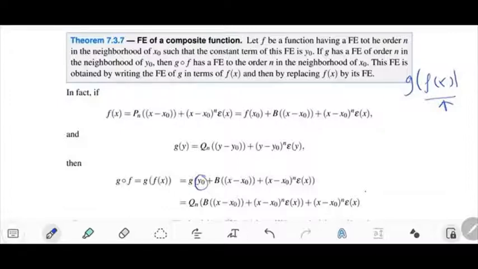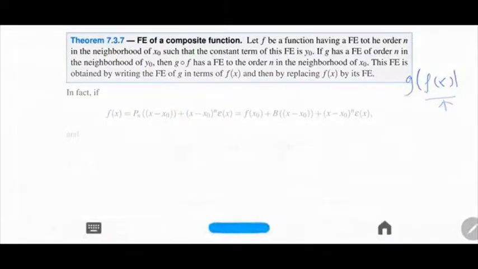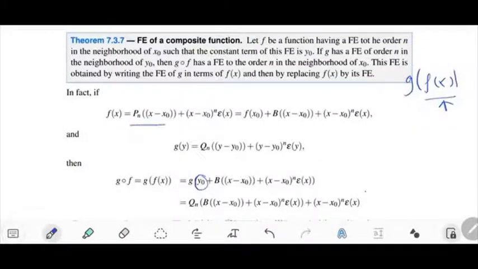I will explain myself. So if f is written as Pn of x minus x0 plus x minus x0 to the power n epsilon x, I will partition the regular part by the constant term, which is f of x0, and the remaining terms that can be factorized according to x minus x0 because they contain all x minus x0.